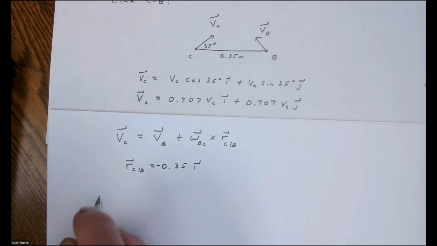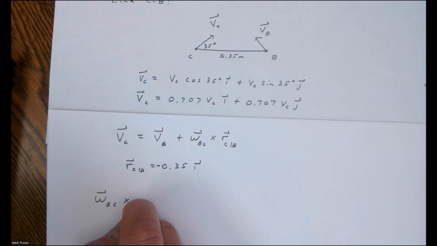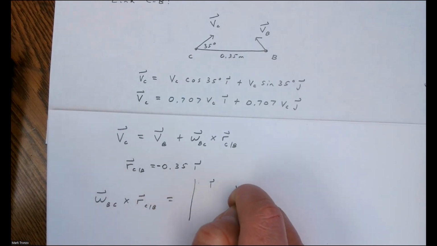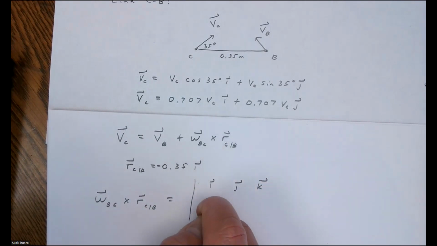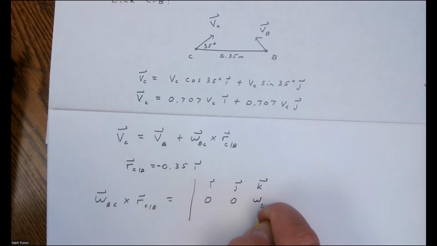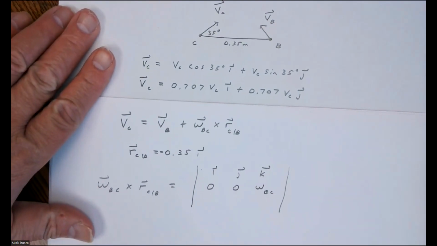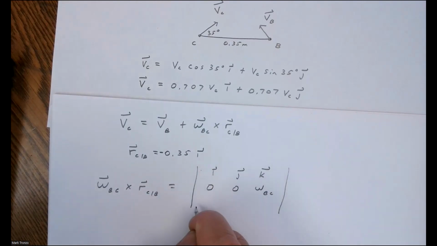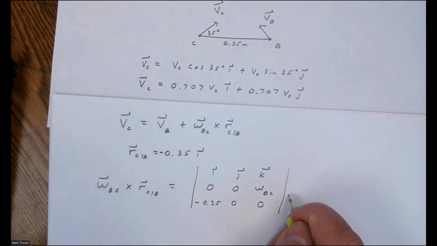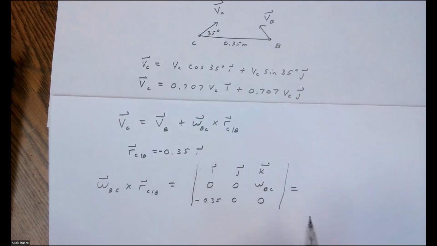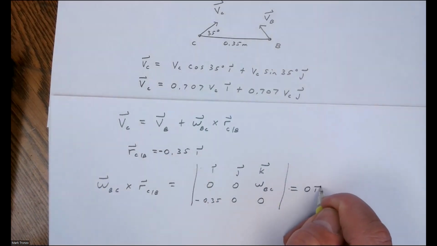And so let's calculate this term right here. Remember, omega BC is going to be in a form something like this, and then this was negative 0.35 0 0. When we calculate this, the i component is going to be 0.